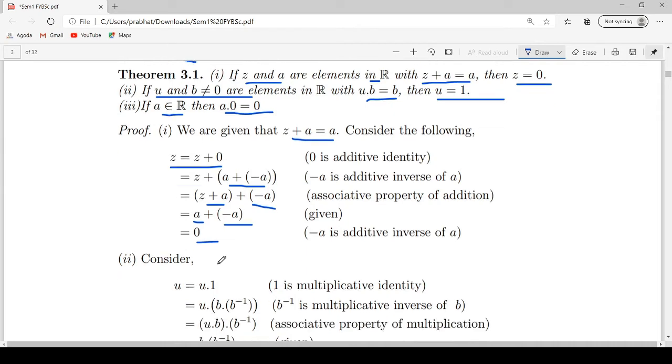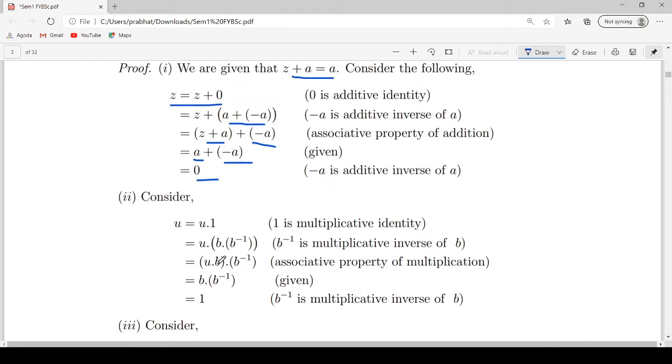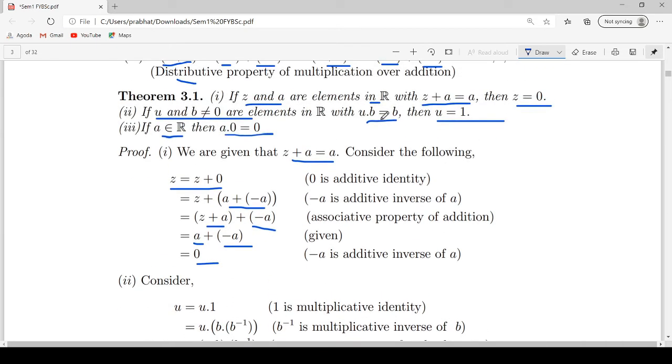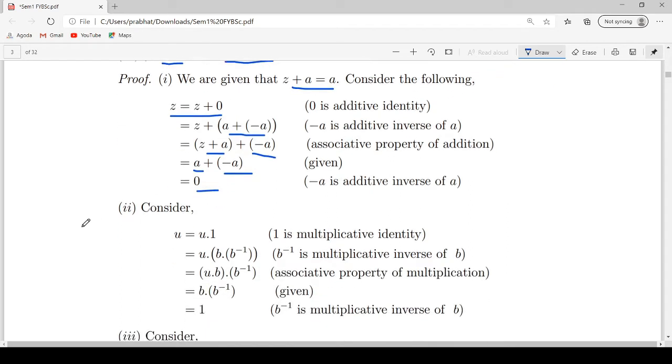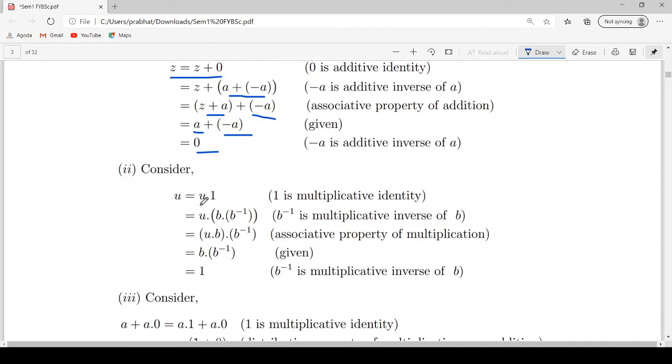Second statement, you are given that u dot b is equal to b, where b is non-zero element, and you want to prove that u is equal to 1. So consider u. You can write as u into 1 because 1 is multiplicative identity. Now 1 I can write as b into b inverse because b inverse is multiplicative inverse of b.